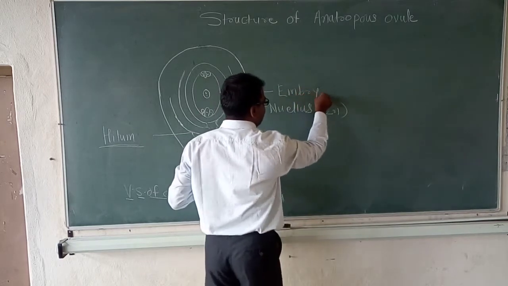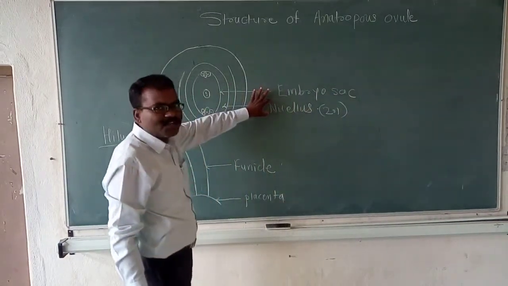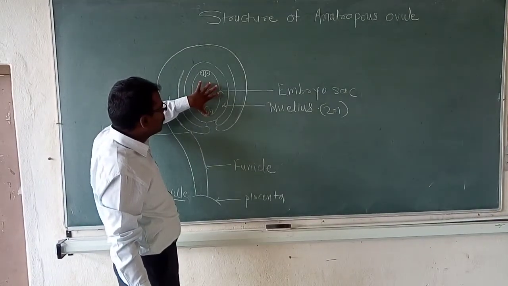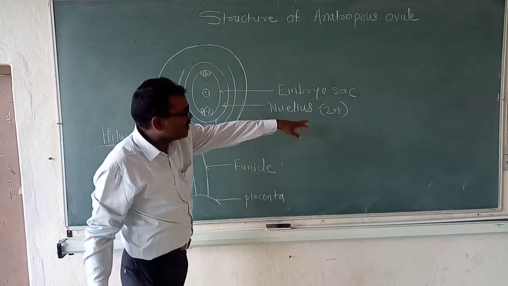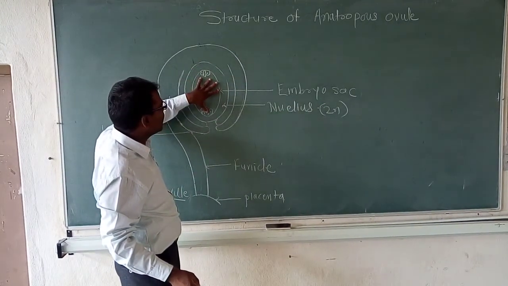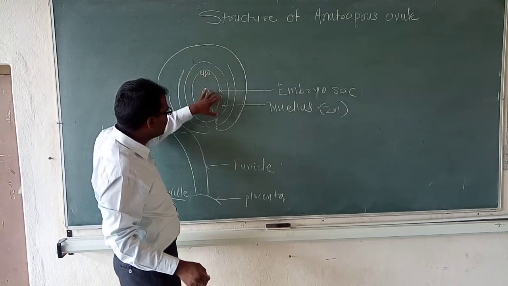This is the embryo sac. Nucellus is diploid in nature and covers around the embryo sac. In the middle of the nucellus, there is the embryo sac.